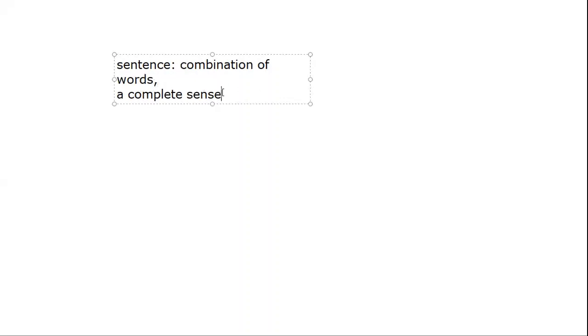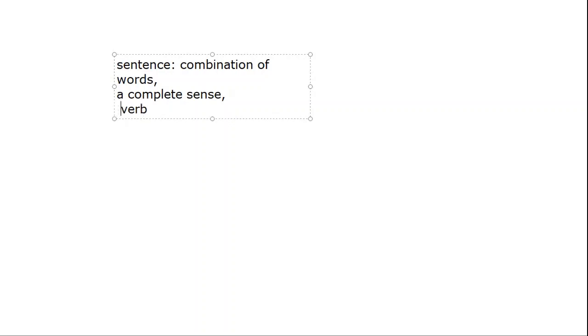How to identify a sentence? A sentence always carries a verb. Without a verb, there is no sentence. A sentence contains a complete sense, and it always has a verb.